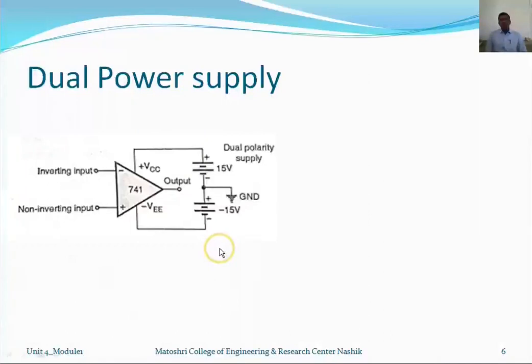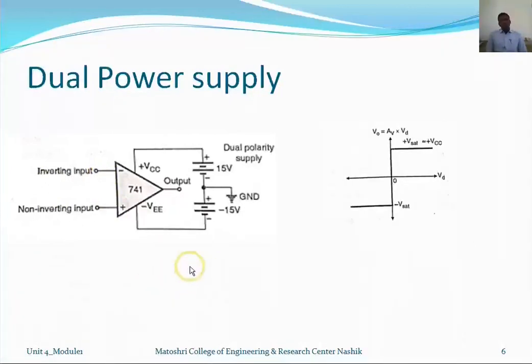It requires a dual power supply of positive negative 15 volts or positive negative 12 volts. In this way, we supply power to the IC: positive supply from the 7th terminal and negative supply from the 4th terminal. After we supply the power, the IC is ready to work, ready to perform operations as well as amplification.